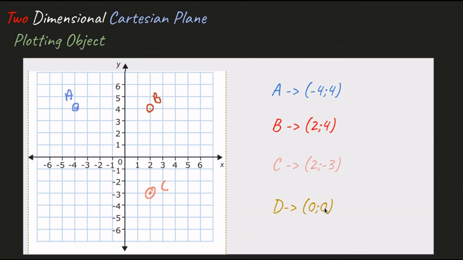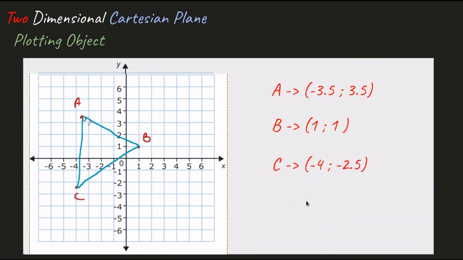And D, we've just said that's at the origin, the point (0; 0). The origin doesn't belong to quadrant 1, 2, 3 or 4, but the other 3 points do. And if we join these, again we have a shape that we can identify as a quadrilateral.